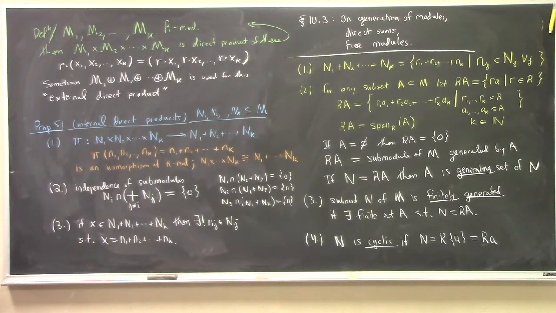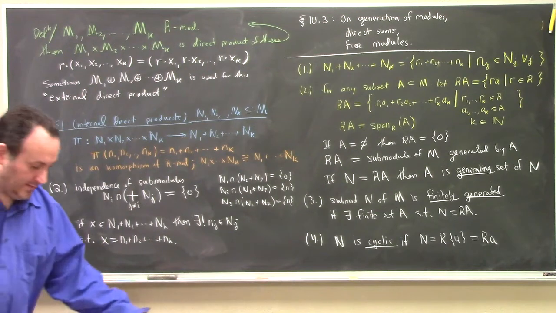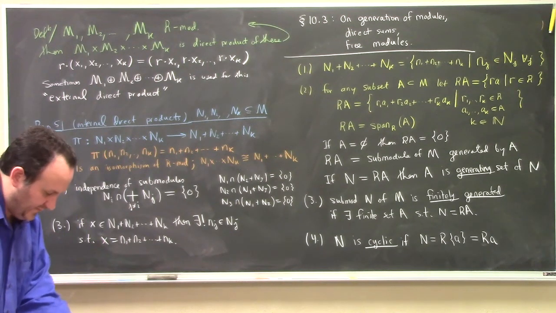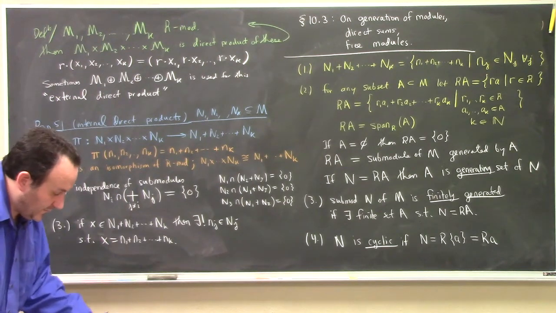You can also replace this with the condition that 0 in the sum of these spaces is uniquely represented as the sum of the zeros. Anyway, the proof of this is involved.